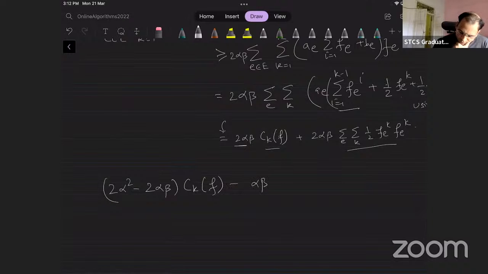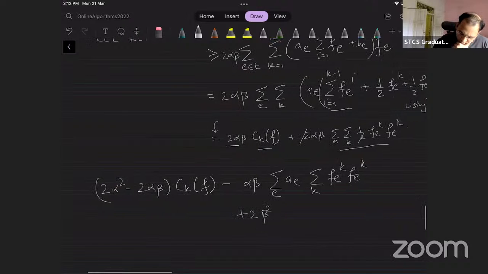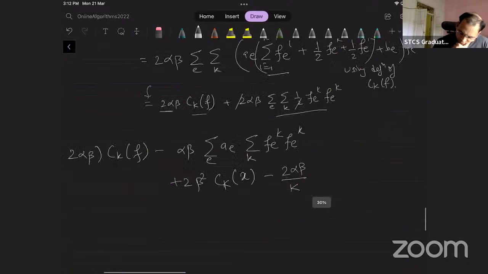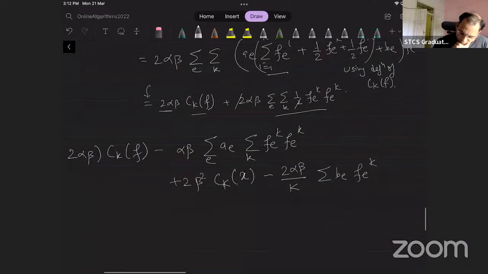Minus alpha beta, sum over e, little k, f_e^k f_e^k. The 2 and the 2 cancel. Plus 2 beta squared CK of x and a minus 2 alpha beta over k, b_e f_e, greater than.